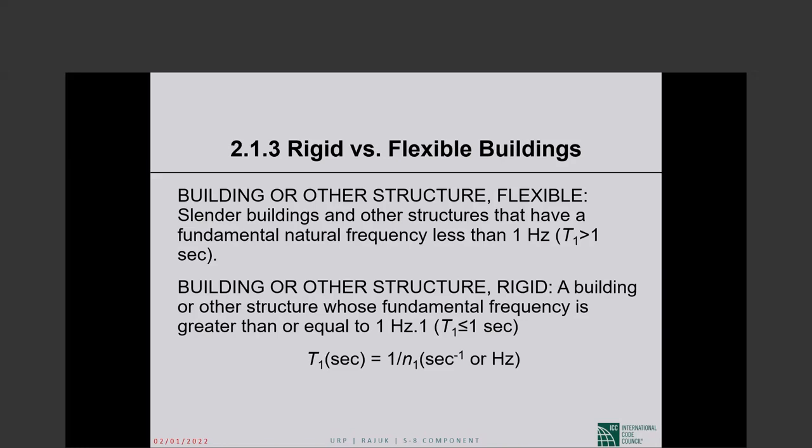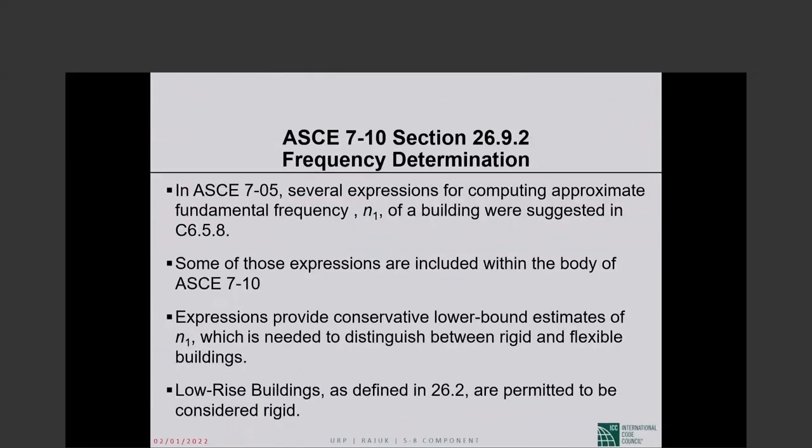When the period is less than or equal to 1 second, it is a rigid building. When it is larger than 1 second, it's a flexible building. Don't go to frequency would be my advice. Or if you see frequency, take the reciprocal and then you'll be oriented. I always feel oriented when I have gone from frequency to period.